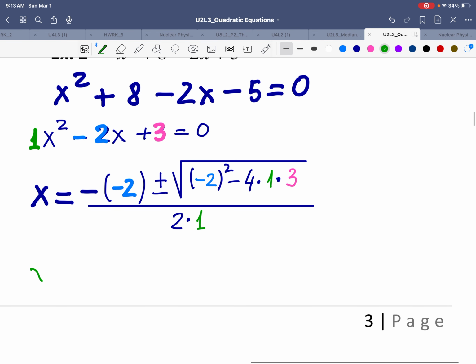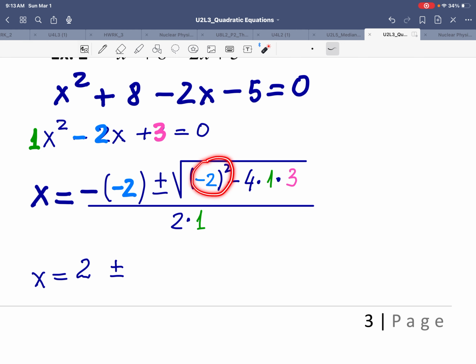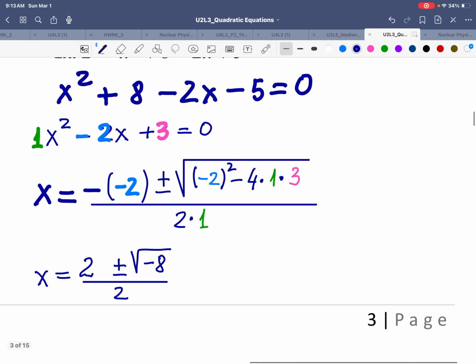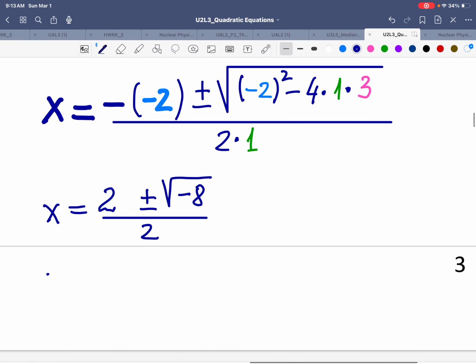So x equals negative 2 will make a positive 2, plus or minus. Negative 2 squared is 4, and 4 minus 12 will be negative 8. That is inside the square root, divided by 2. Now we'll continue simplifying this number. We know how to simplify radicals.